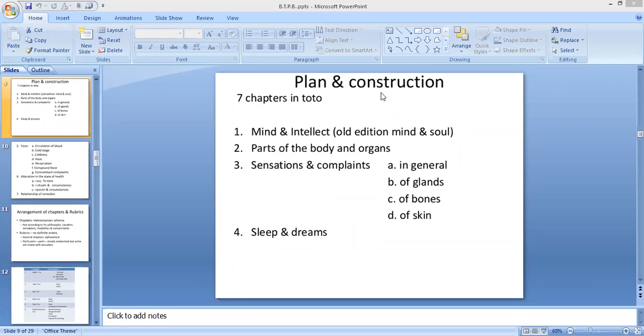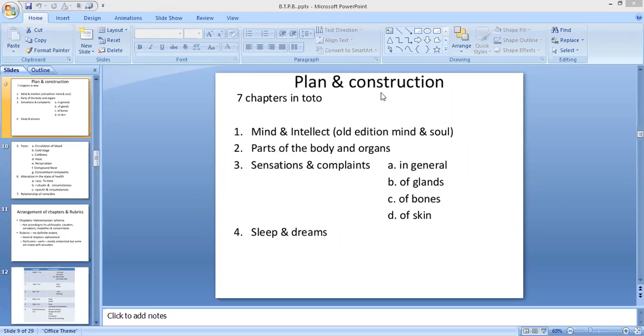So this is a small chapter of the book, and it covers only 94 rubrics and about 12 pages. It has 3 sub-chapters, that is sleep, position in sleep, and dreams.